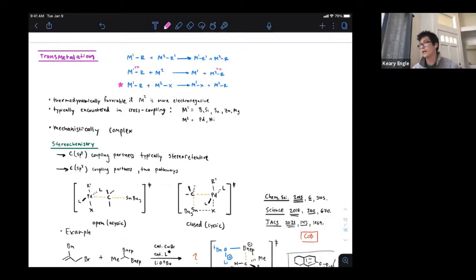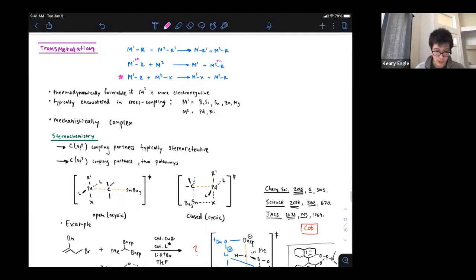So I've restated some types of transmetallation that we've already covered. Transmetallation between two organometallic, oh, sorry, I guess these two. Let me make sure I have this right. Yeah, this is what we'll see, I guess, as being most relevant for cross-coupling.